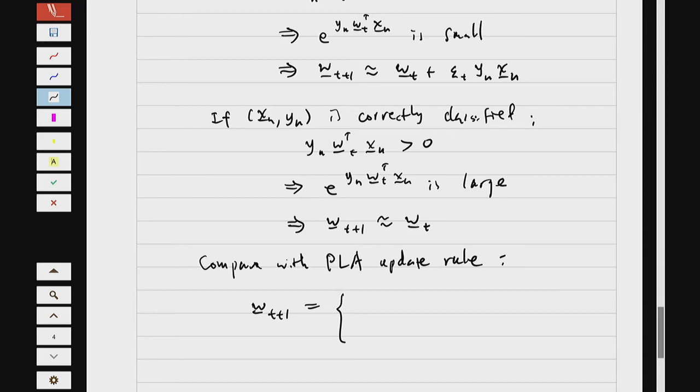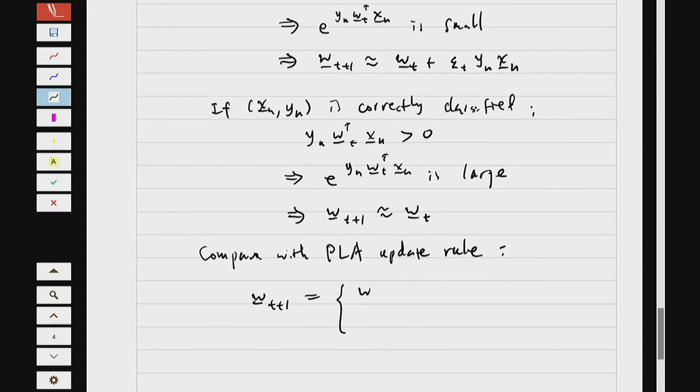That's what we do if the point is misclassified, and we don't do anything if the point is correctly classified. We just skip over that point.